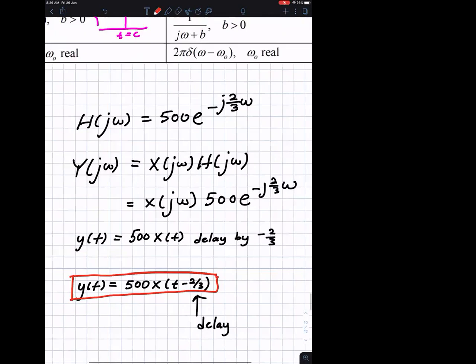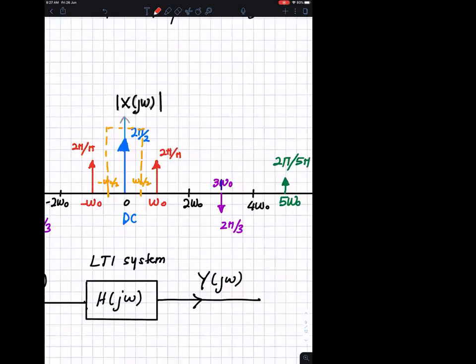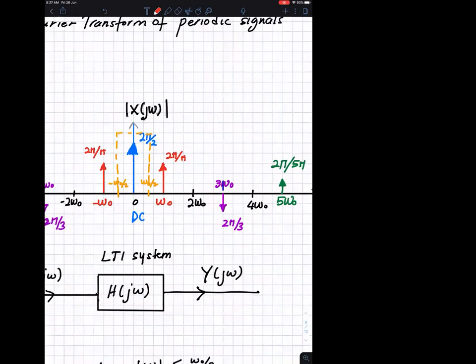All the inputs are shifted by 2/3 seconds, except the DC is not affected. DC, all the AC that's time dependent is shifted by 2/3 seconds. Any question?